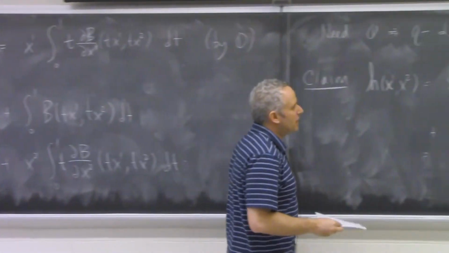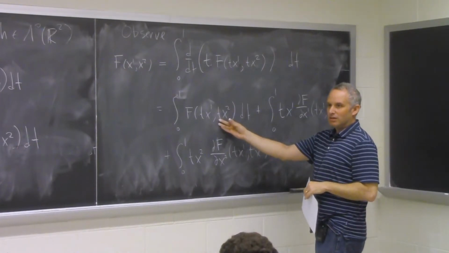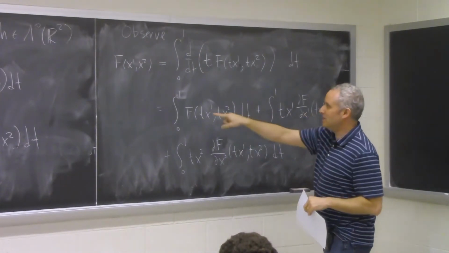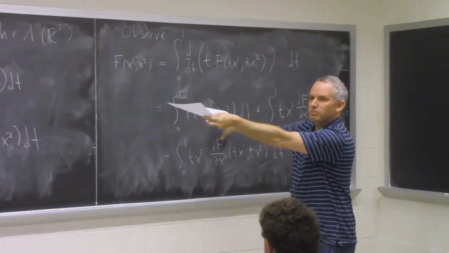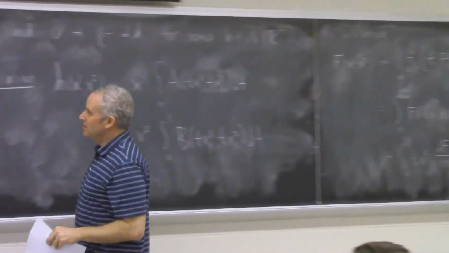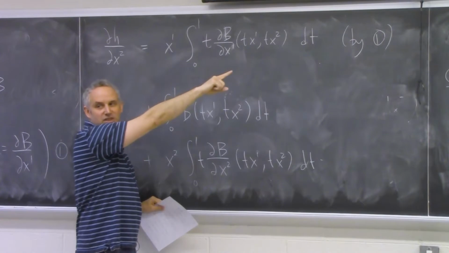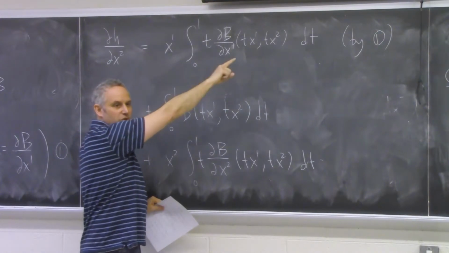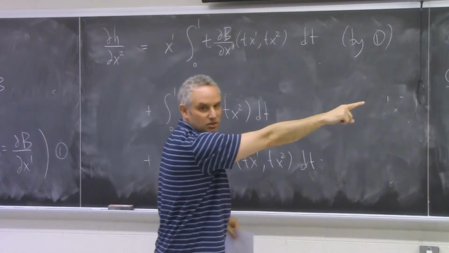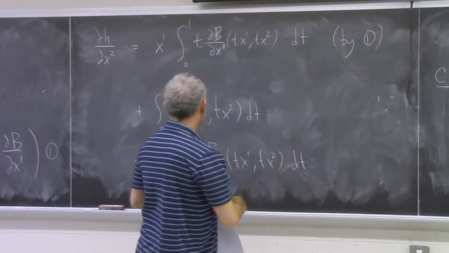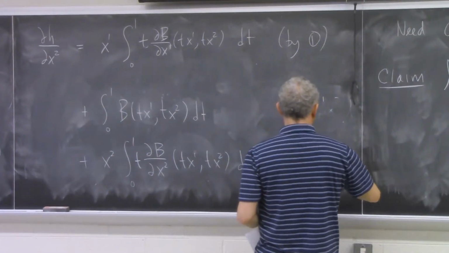But if we compare it to our observation, it's exactly what appears here for this function f. We see the integral of b, that's the second term. And this x1 can come inside the integral. This is an integral with respect to dt, so x1 we can think of as lying inside or outside the integral. Doesn't matter. So if we put it inside, it's identical to these types of expressions. So this equals b of x1, x2 by the observation.